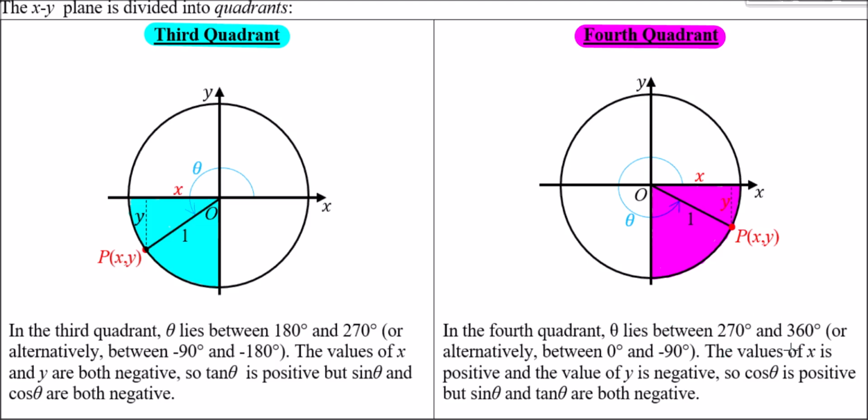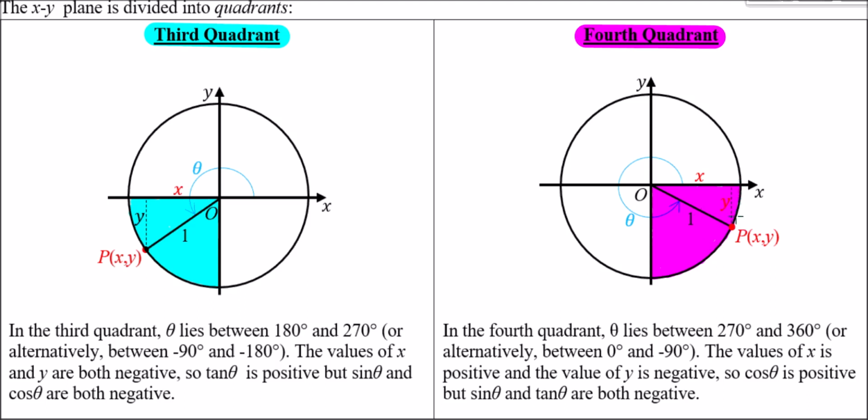The value of x is positive and the value of y is negative. x is cos theta, which is positive because P here is in the positive portion of the x-axis. Sine theta, which is the y-coordinate, will be negative, as you can see, because it is below the x-axis. So the only thing here that is positive is cos theta.